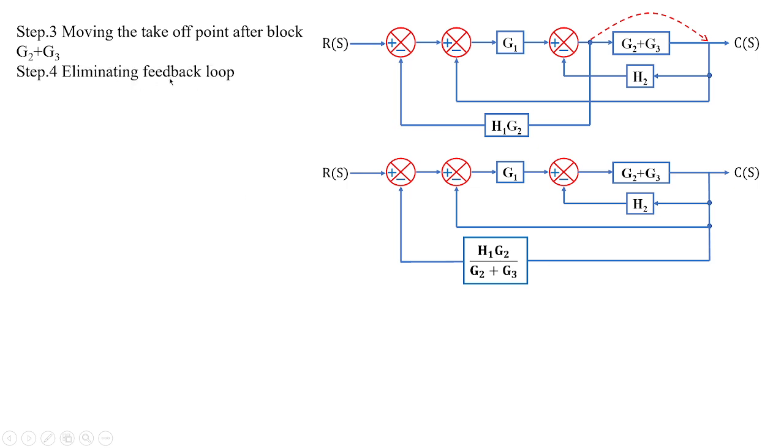So eliminating the feedback loop first and combining the blocks in series, G2 plus G3 with feedback H2 can be obtained as G2 plus G3 by 1 plus H2 of G2 plus G3, multiplied with G1 in series. So this results in G1 of G2 plus G3 by 1 plus H2 of G2 plus G3.